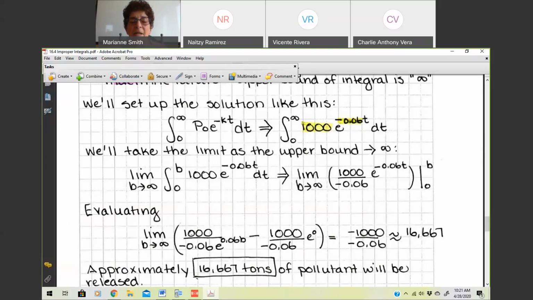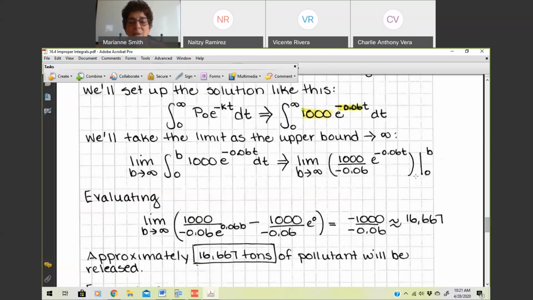If the denominator of a fraction blows up, becomes infinite, this whole fraction is 0. So the only thing I need to evaluate is negative 1,000 e to the 0 over negative 0.06, which is about 16,667 tons. So into the indefinite future, this plant will release about 16,667 tons of pollution.